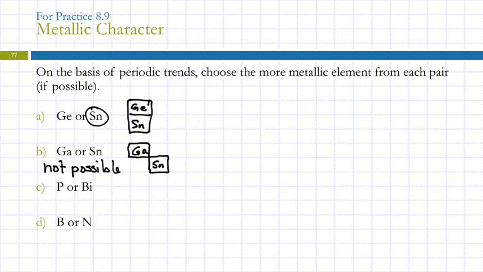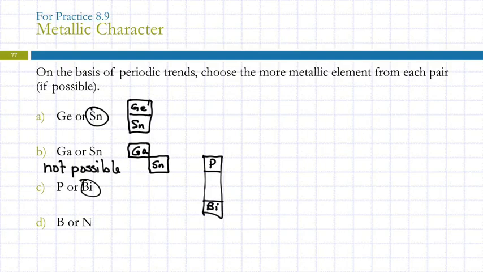How about phosphorus or bismuth? So phosphorus is up there, bismuth is down here in the same group. Bismuth. That one, you don't even need a trend because phosphorus is a nonmetal, bismuth is a metal, right? So hopefully bismuth is more metallic.